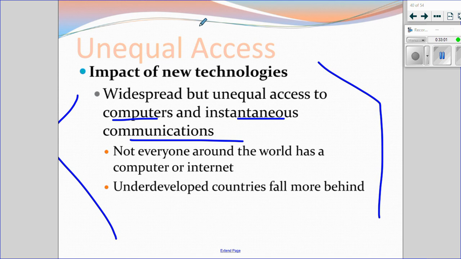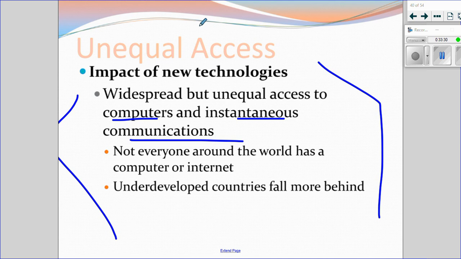Some people have better access than others, even within the United States. You guys are probably aware of that, because where we live, we don't really have equal access to internet compared to other places. So you might live in a place in the county where you don't have internet access, which puts you at a disadvantage. You also have some schools in cities, so for example, at our school, we have a computer for every student.